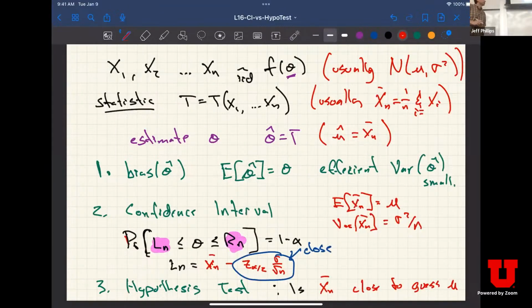So like mu, which would be like a null hypothesis.